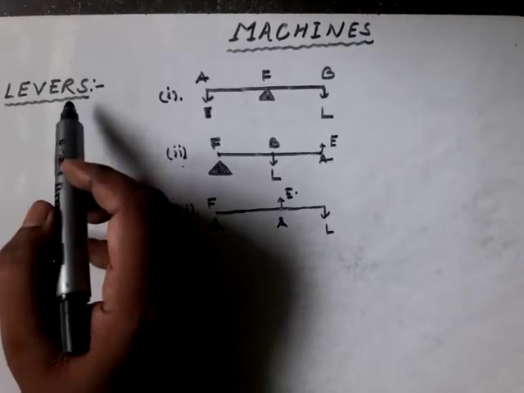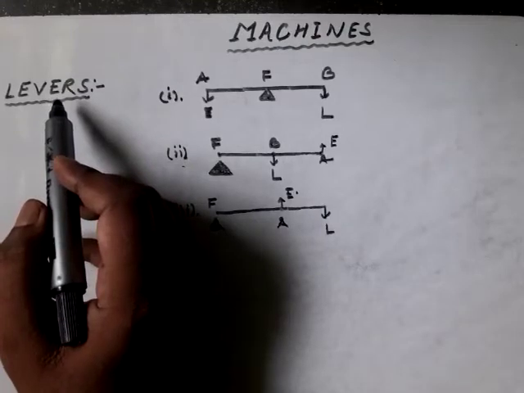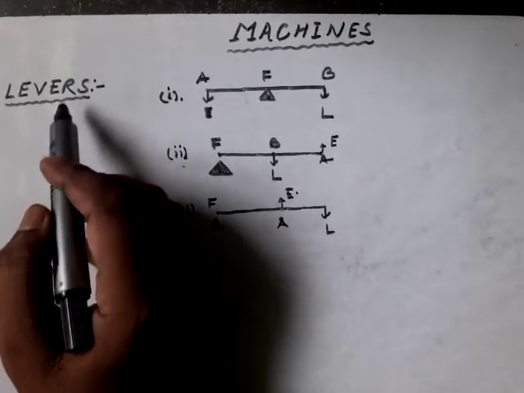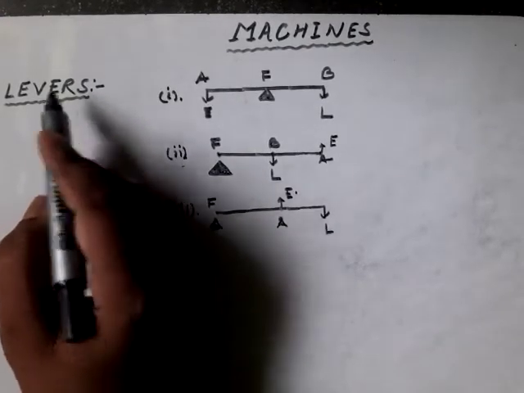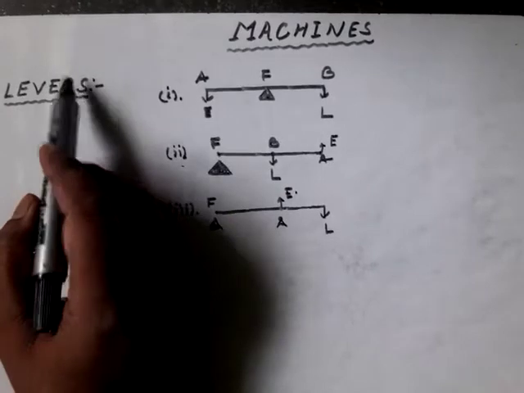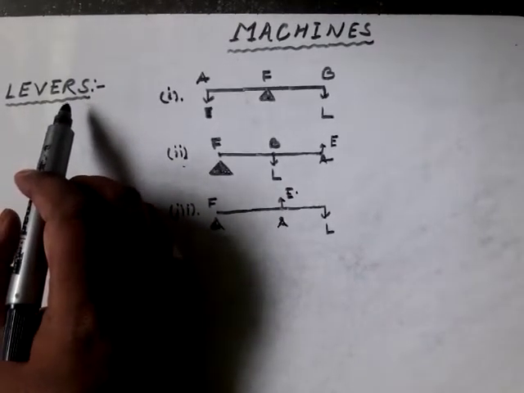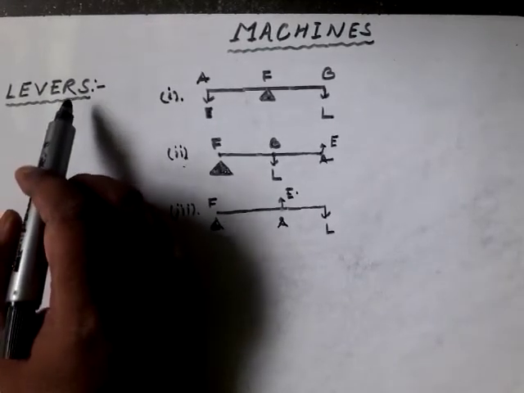The fulcrum doesn't move; it remains fixed at one particular point when the lever is in use. Levers are very simple machines used in our daily life, which work on the principle of moments, meaning turning effect.